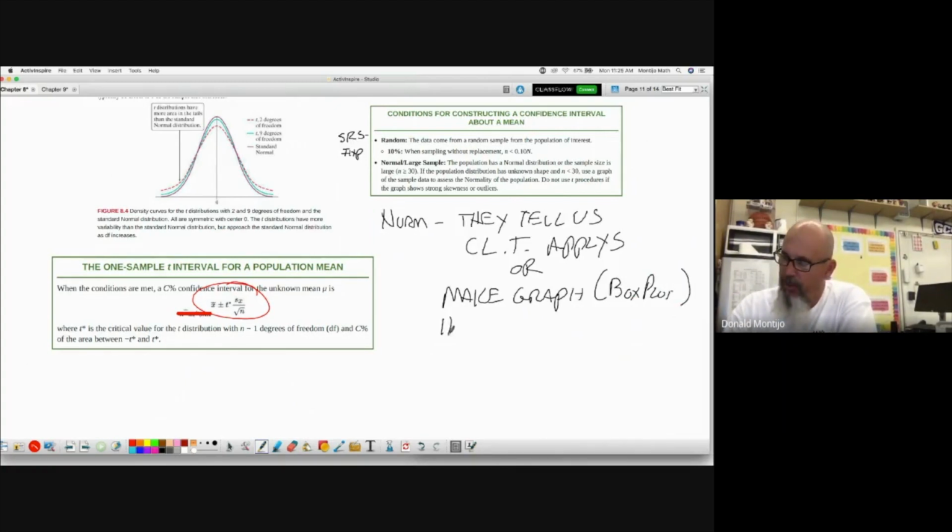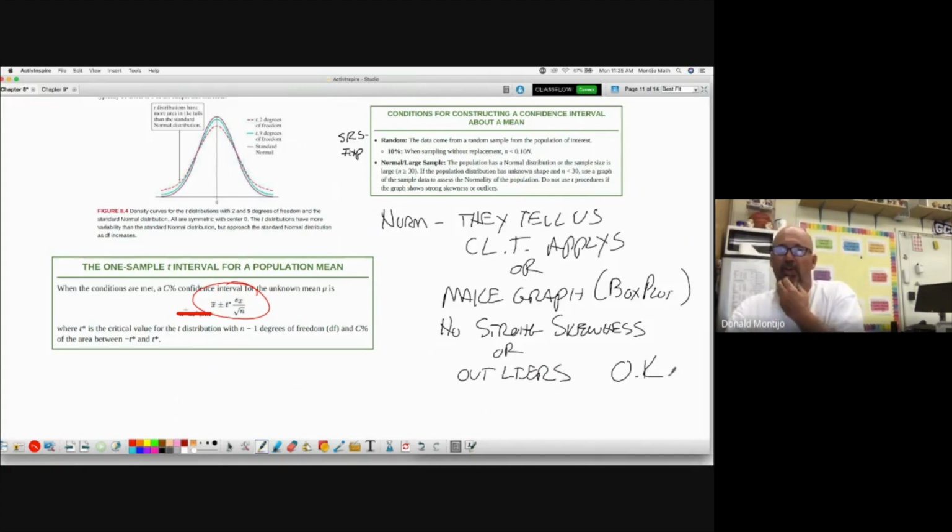If no strong skewness or outliers, then we're okay. So we have to check SRS, independence, normality for every single problem. Just get used to it. We got to do that over and over and over and over again.